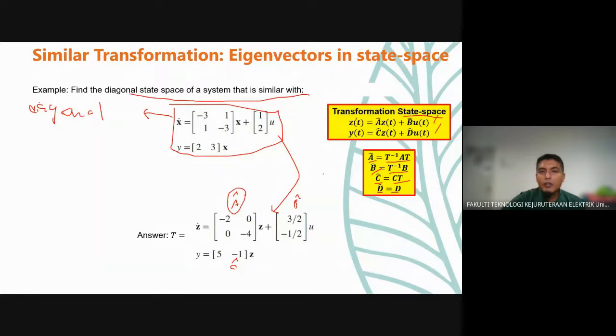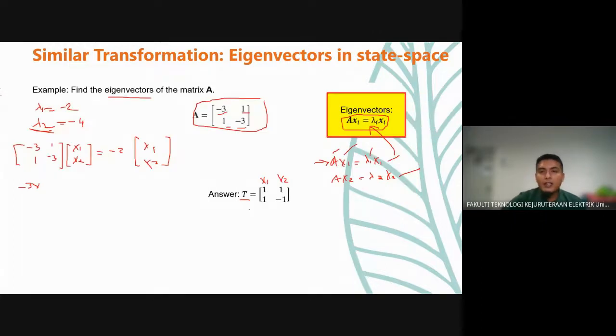To calculate the A hat, you must know the T. This is the formula, T inverse A T. According to the previous example, you already calculated the T matrix, which is your eigenvectors.